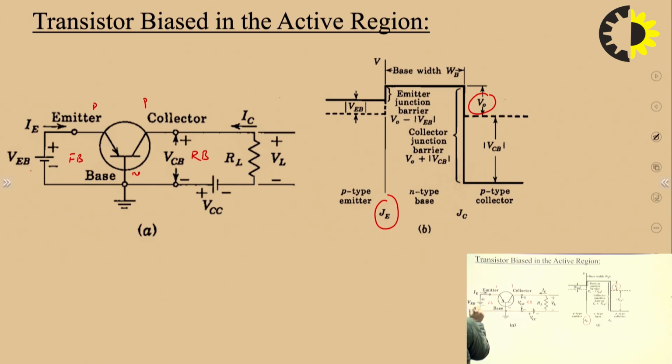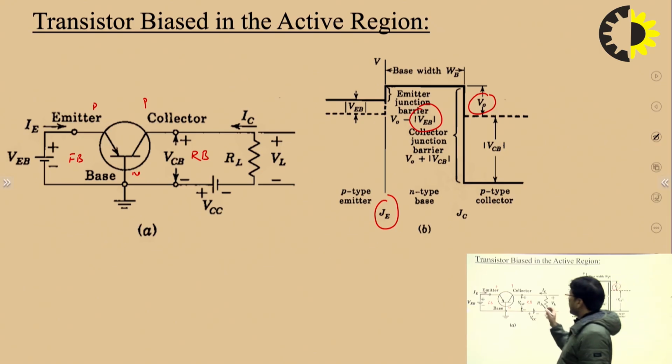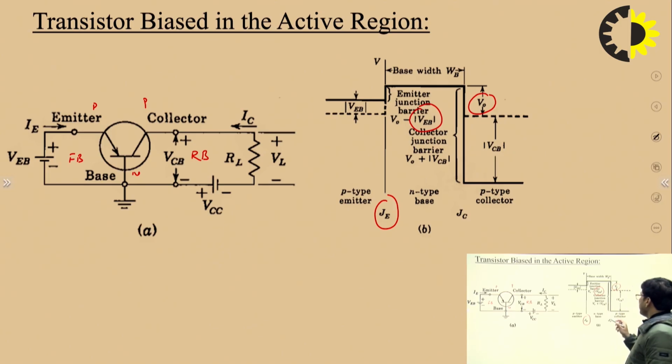This forward bias voltage is V_EB, right? So this contact potential is reduced by the amount of V_EB. Similarly, if we look at the collector base junction, this is in reverse bias.